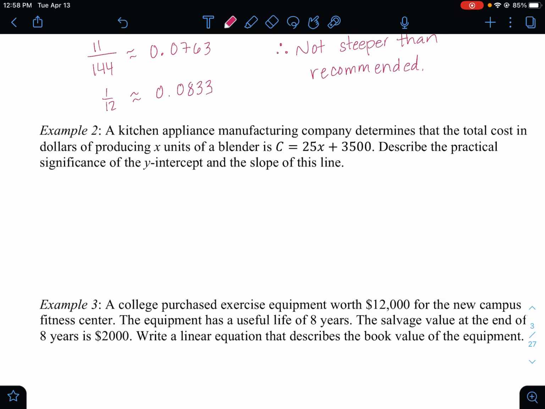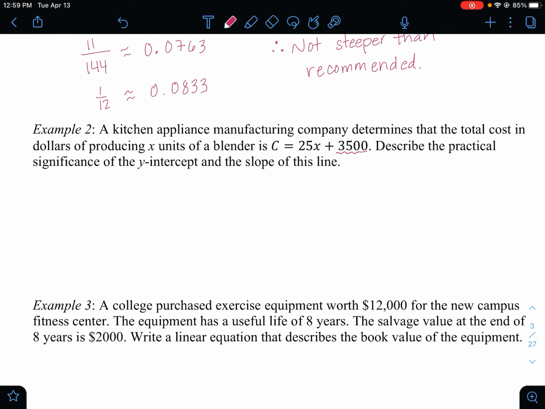So if x is the number of units being produced and our y-intercept is 3,500, that means if I produce 0 units, so 25 times 0, my cost at producing no units, even if I don't produce one, I still have a $3,500 cost. So we could say the initial cost is $3,500.